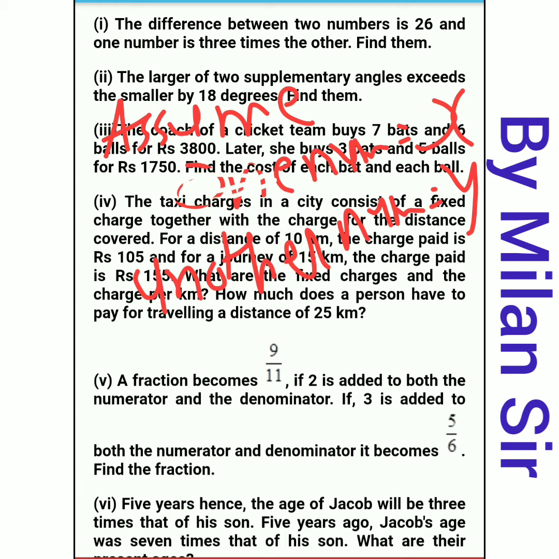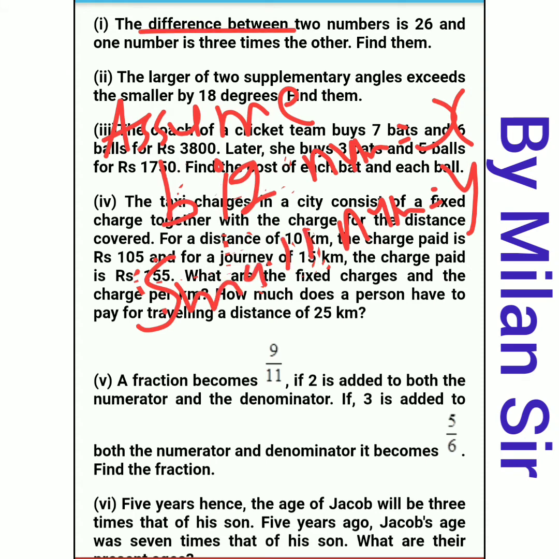That means in place of one number, we can write a big number, because here the difference is asked, that's why. And in place of the other number, you can write a small number, otherwise smaller one. So big number x, small number y.